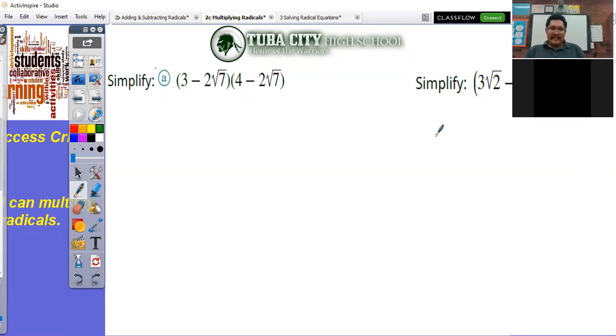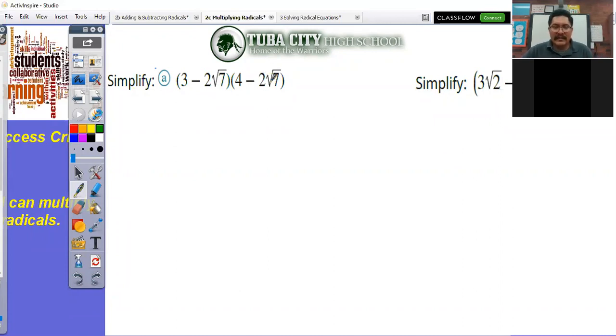Okay, these ones are very different. So on the last one, we had a parenthesis with a minus or an adding in the middle. But here we have a parenthesis with two terms. We call that a binomial. And over here I have another parenthesis with also two terms, which is another binomial.